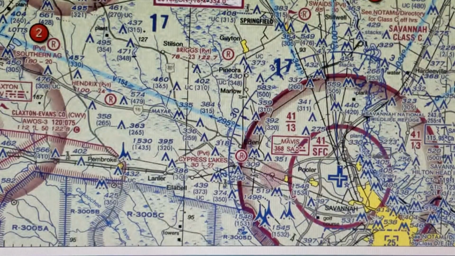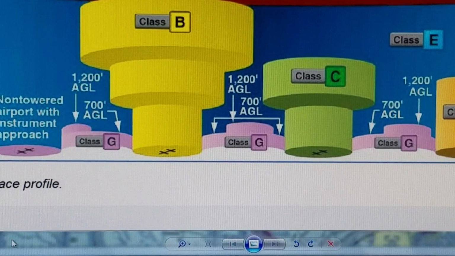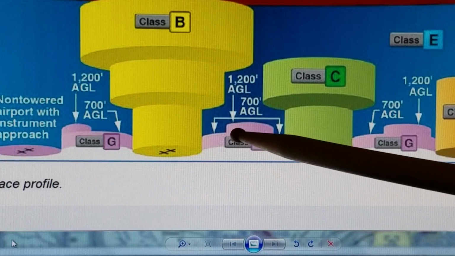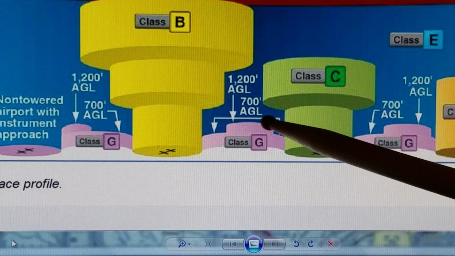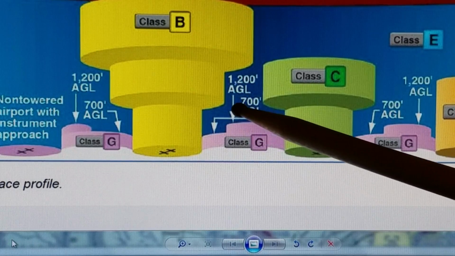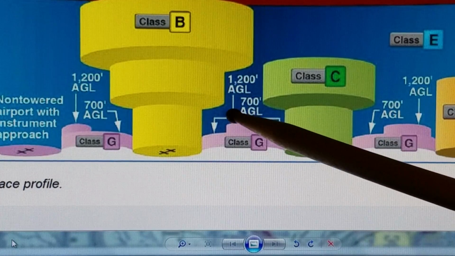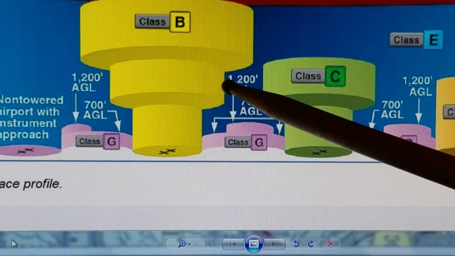So now, after saying that, I would also bring up the airspace classification one more time. Ladies and gentlemen, if you see over here, it shows the 700 feet line, and if it stops a little before going that far down, that means 1,200 feet. So you distinctly see these two levels.